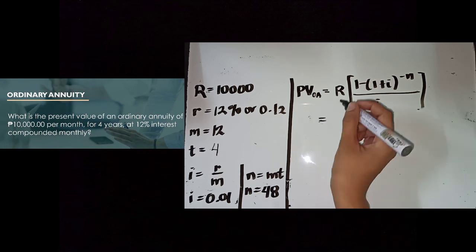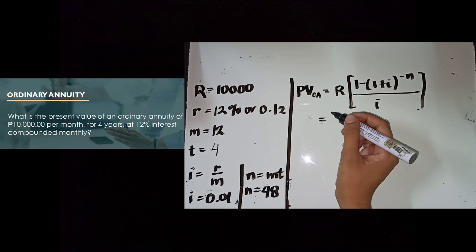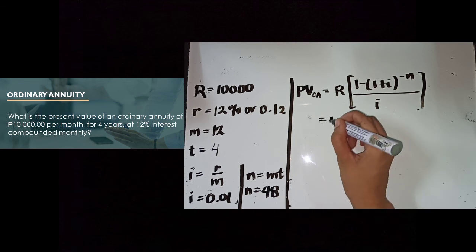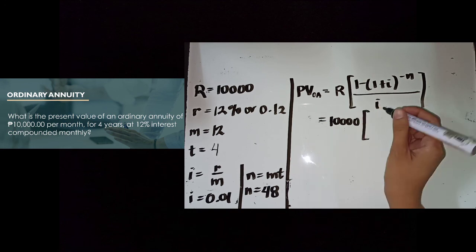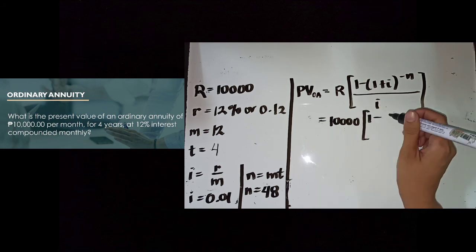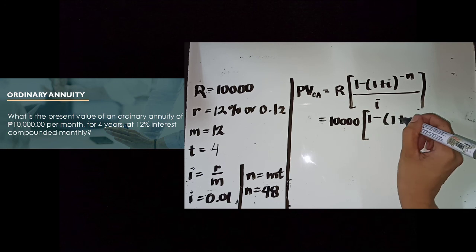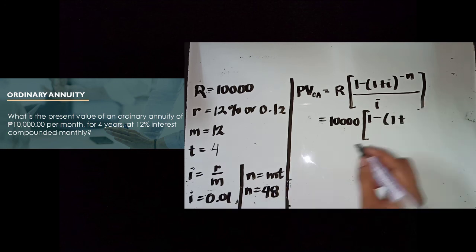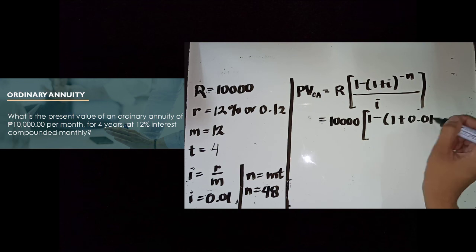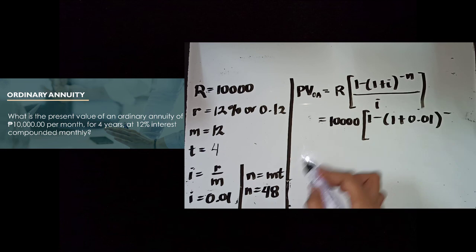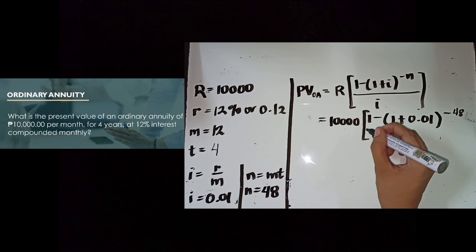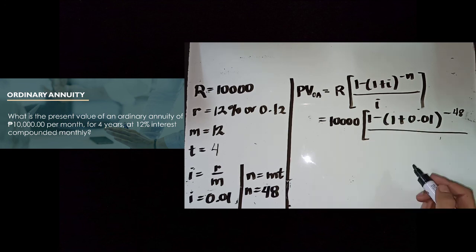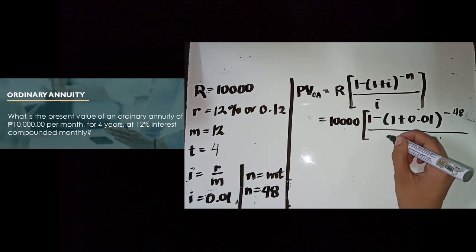So, that is equal to the value of your capital letter R, 10,000. Then, multiply by 1 minus the quantity 1 plus the value of your I is 0.01 raised to negative. N natin is 48. Okay, so over the value of your I, which is 0.01.